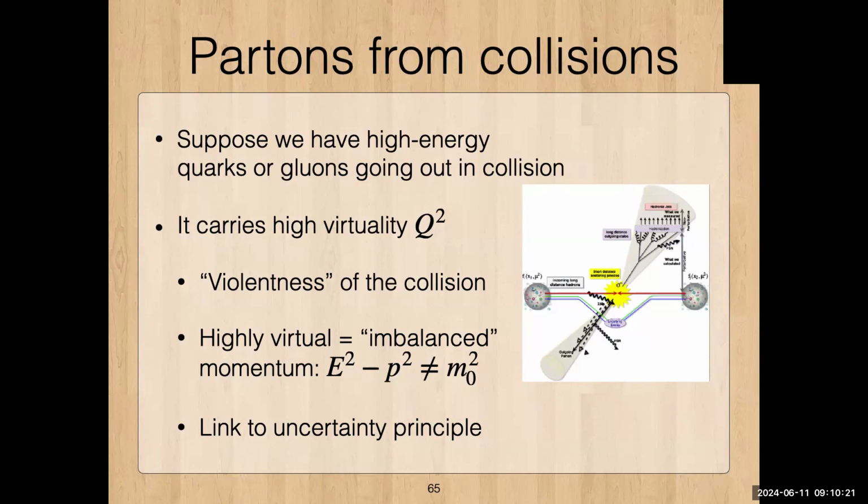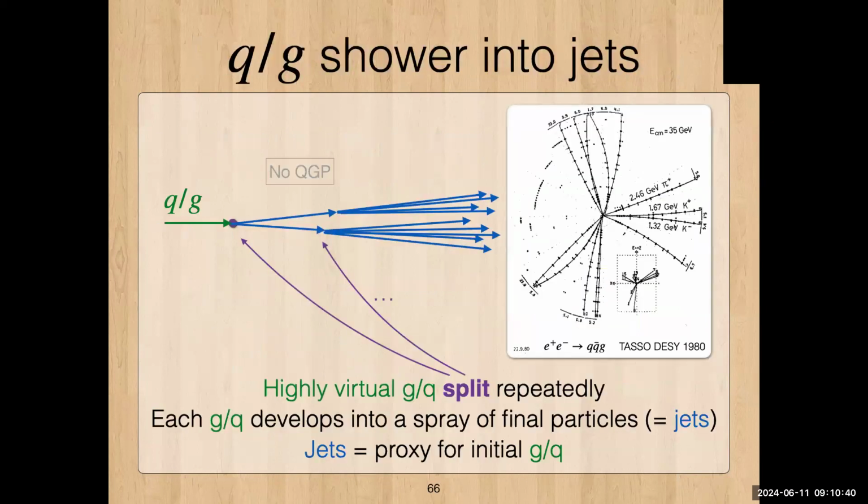Because it's very off-shell, remember the uncertainty principle: delta E times delta T. When we have a large delta E, we have a small delta T, so it cannot exist for a long time. Therefore, it will want to split in order to reduce the virtuality. So if you initially have a high energy quark or gluon, it will repeatedly split to reduce virtuality, and it will develop into a spray of particles.